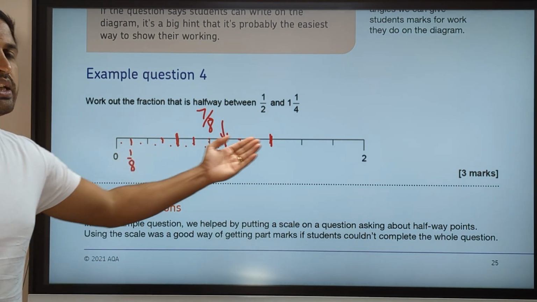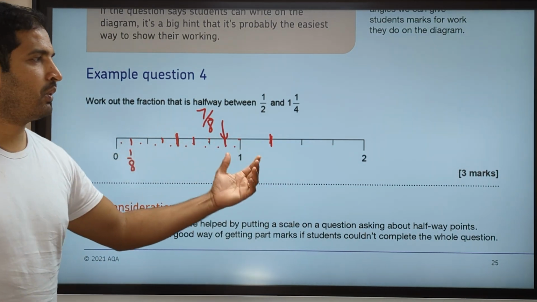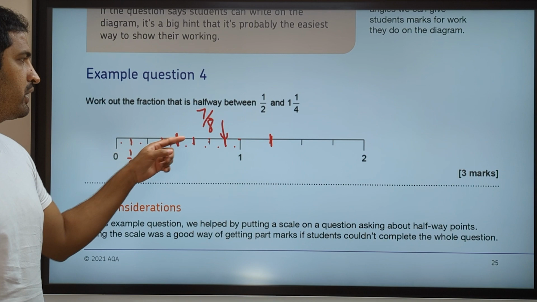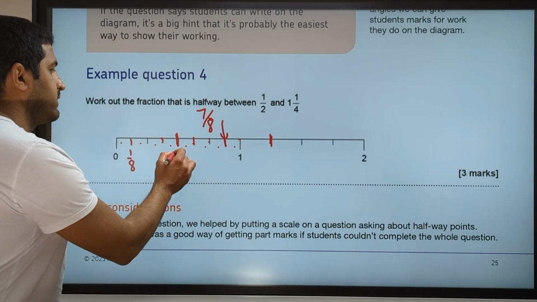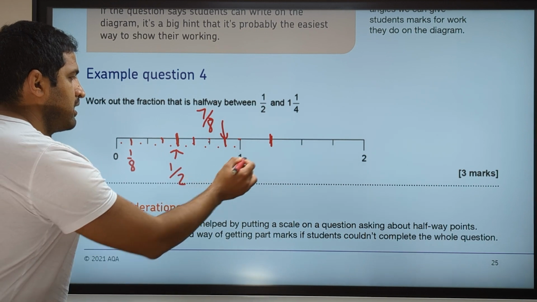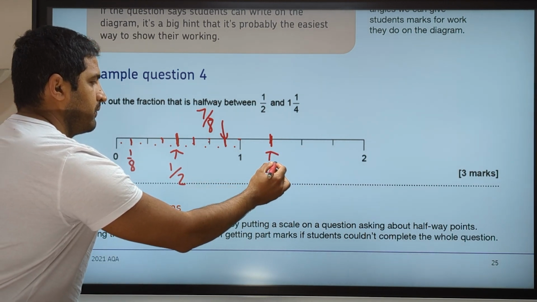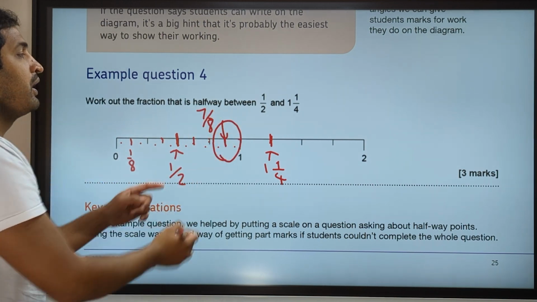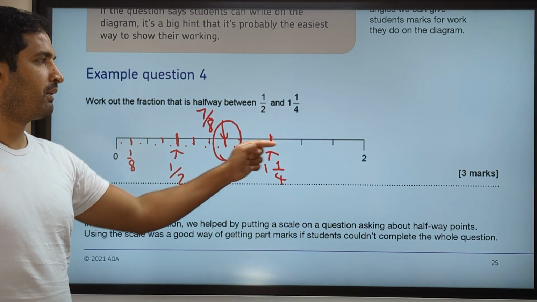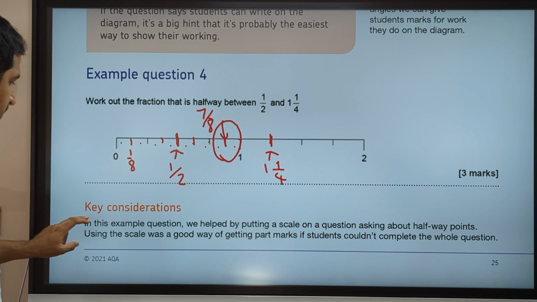So it's so much easier to just use these lines to work out, and it's a 3-mark question. As long as I marked each one of those, I would probably be getting marks for saying this is a half and this is 1 and a quarter. And so that's why this middle number here, or even if you just mark it on the fraction line, you will get some marks. That's what it says.